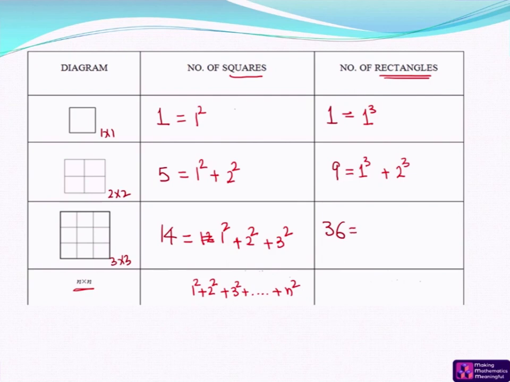Similarly, 36 is 1 cube plus 2 cube plus 3 cube. Similarly, for an n cross n grid, when we count the total number of rectangles, it's clearly coming out to be 1 cube plus 2 cube plus 3 cube and so on till n cube.